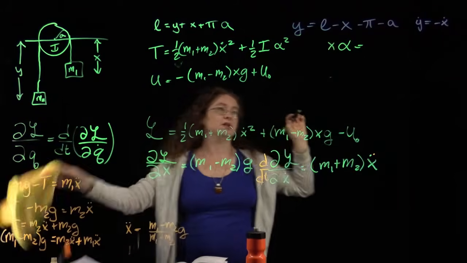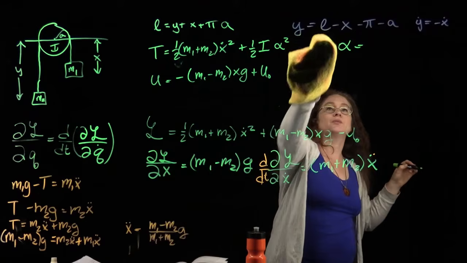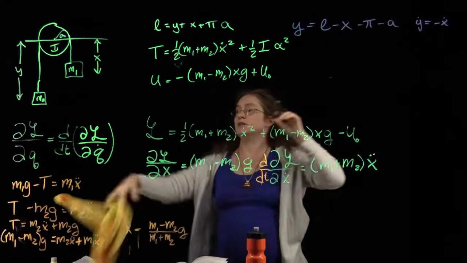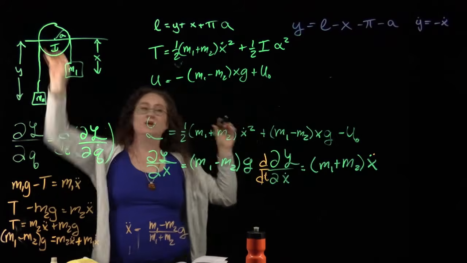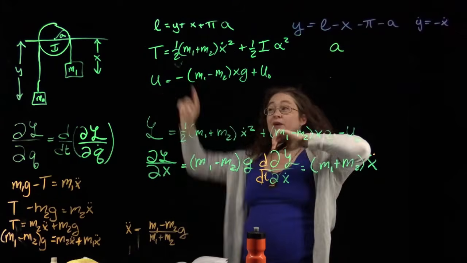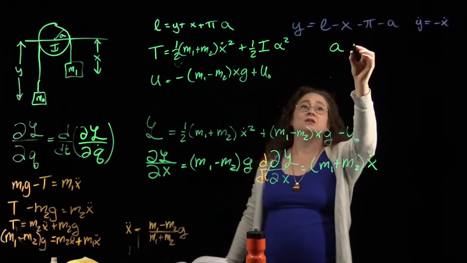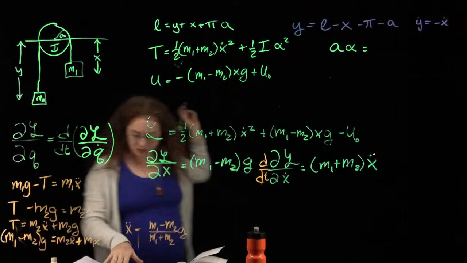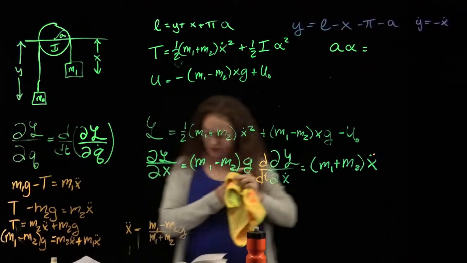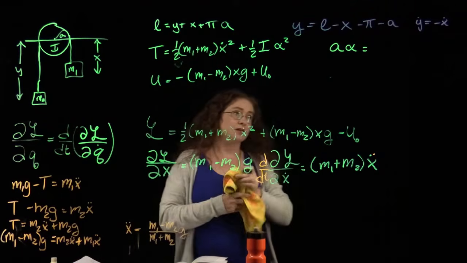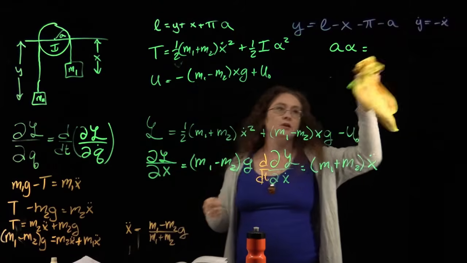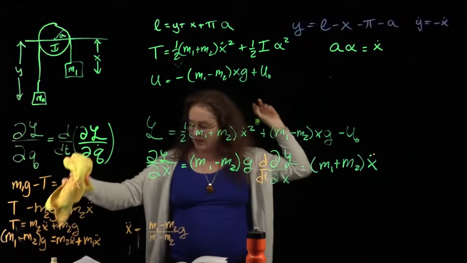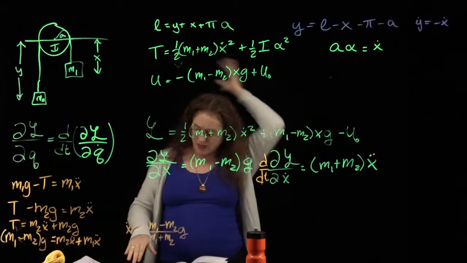Alpha is the angular acceleration, so the radius of the pulley times alpha is equal to x dot, the second derivative of the angular change.